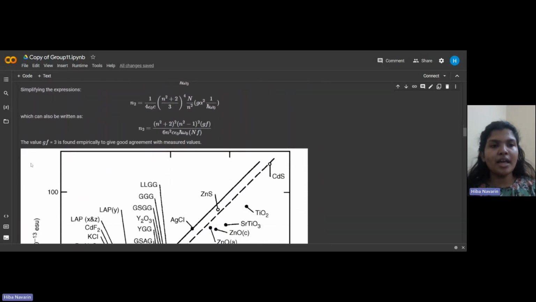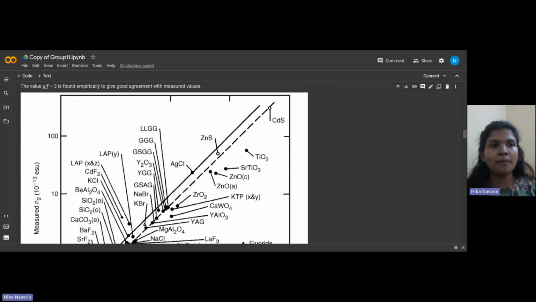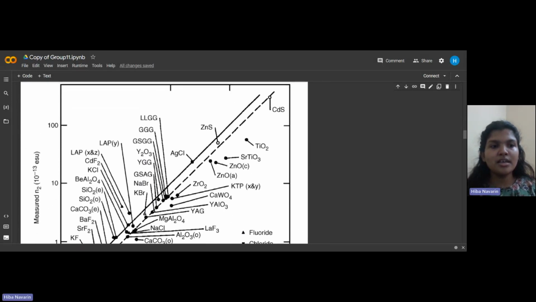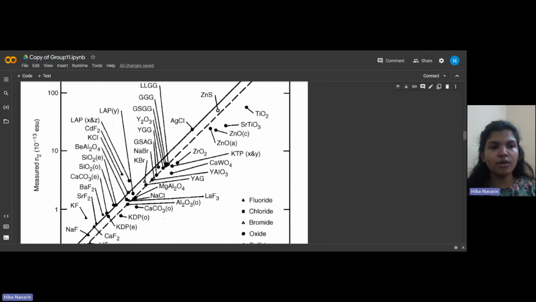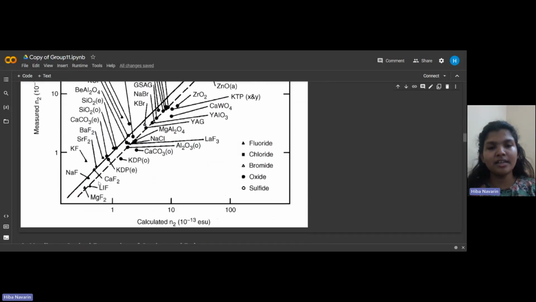And experimentally, we have found that GF is approximately equal to 3, and it is found empirically, as many materials have come up with the same value for GF. And this is a graph for measured nonlinear refractive index and the calculated nonlinear refractive index.